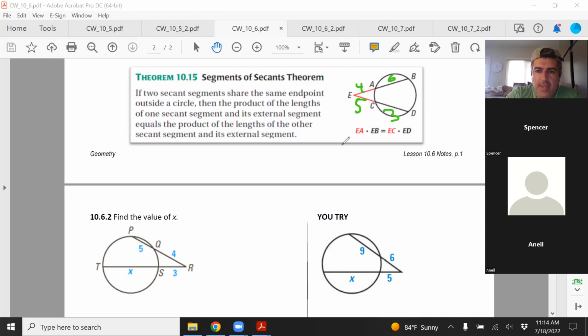Yeah, so you take EA, which is 4, and EB, which is 10, equals EC times ED, which is 8. 40 equals 40. We're A-okay. All right. So here you would do 4 times 9, because 4 plus 5, equals 3 times 3 plus x.